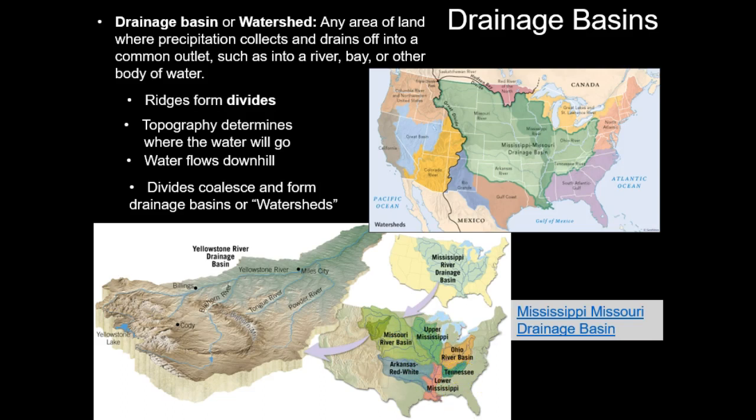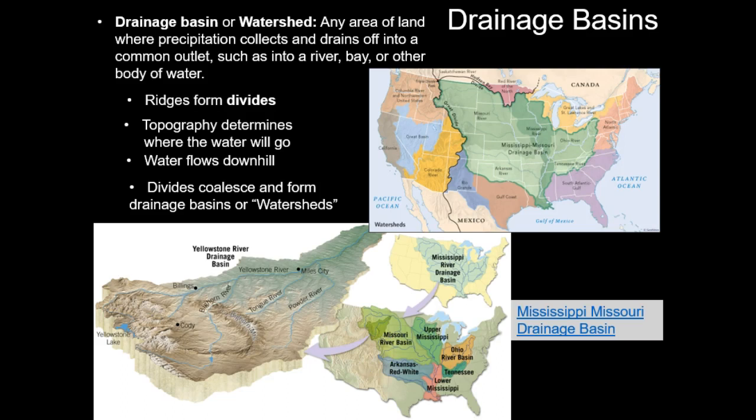One of those drainage basins is the Missouri River Basin up here in the northwest part of the Mississippi River drainage basin. And within the Missouri River Basin, there's also a division. One of those divisions makes up the Yellowstone River drainage basin, and that is also kind of to the west middle area of the Missouri River Basin.